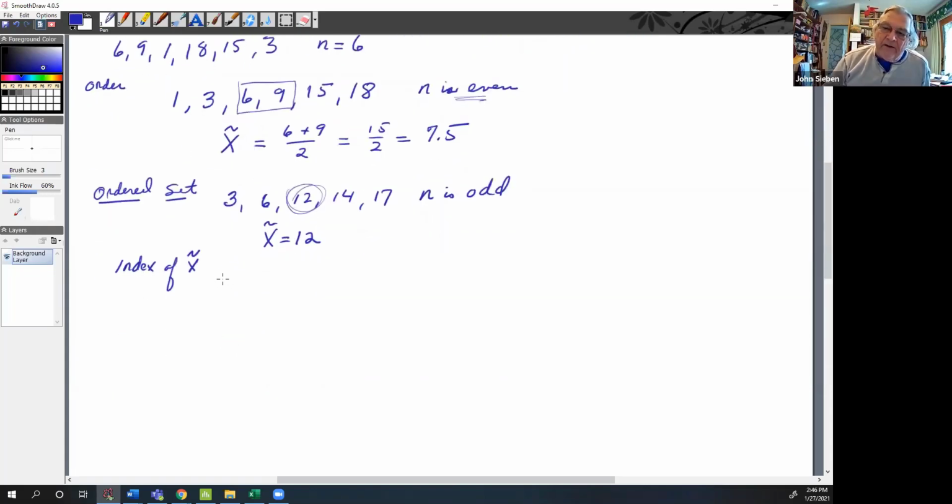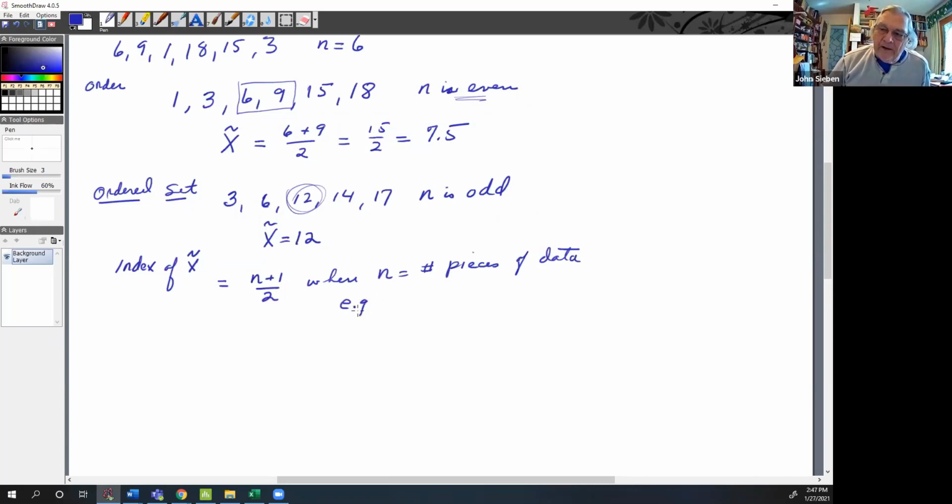So the index of x tilde is equal to n plus 1 over 2, where n equals the number of pieces of data. So let's see how that works. Let's take our first example, this example right here, where n is even.